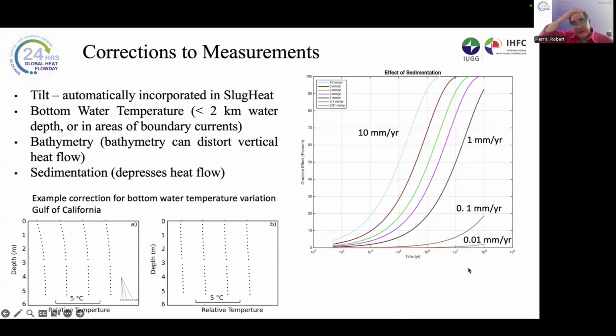In deep sea settings, this may not be needed, but near continents where sedimentation can be more rapid, it's sometimes needed. And sedimentation always depresses the heat flow. So these are just some typical corrections that one might think about when looking at marine heat flow data.